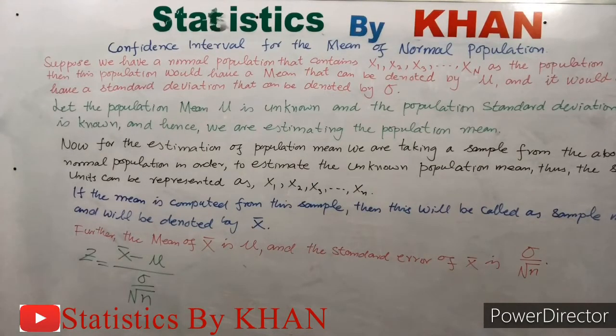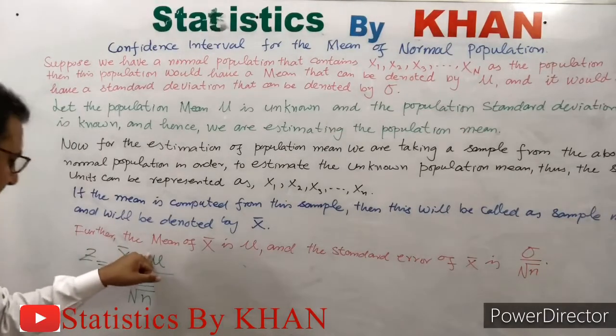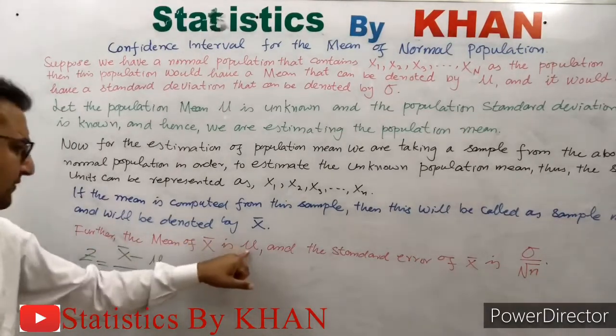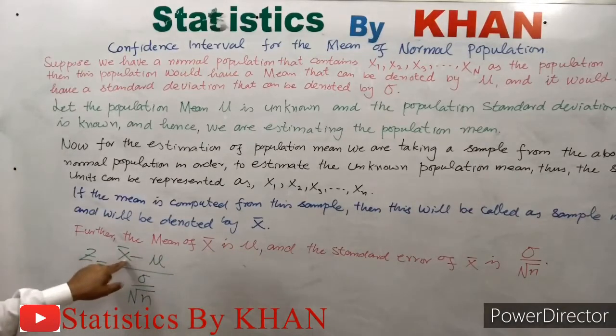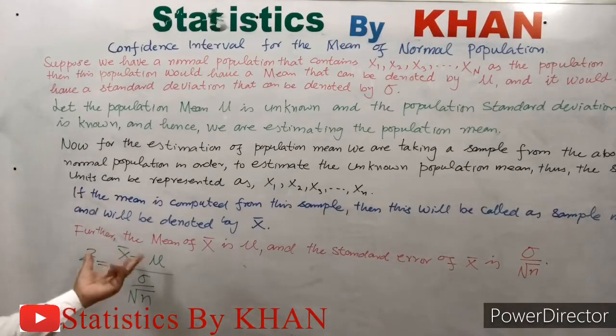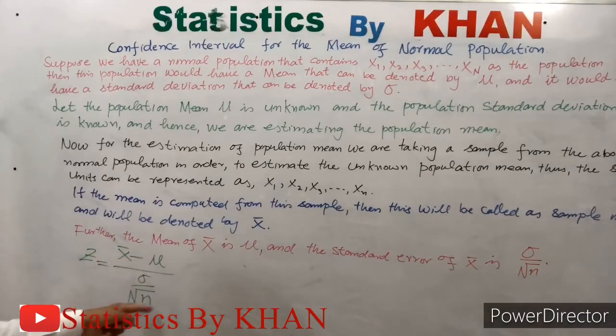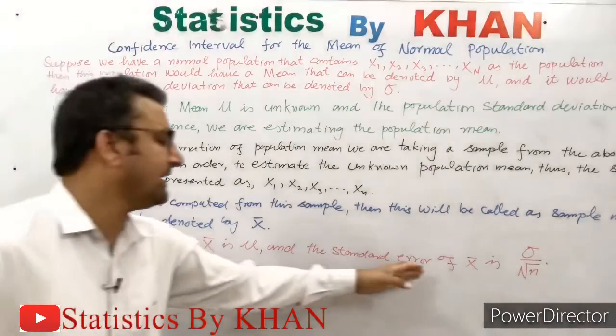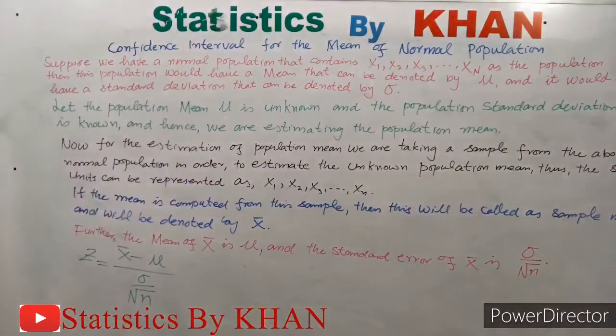Whatever is being standardized, its mean would be subtracted from that variable, and the difference would be divided by the standard error or the standard deviation of that variable. We are standardizing x bar, so we will subtract the mean of x bar from x bar. The mean of x bar is mu, so we are subtracting mu from x bar, and we will divide this difference by the standard error of x bar. As we have mentioned, the standard error of x bar is sigma over root n.